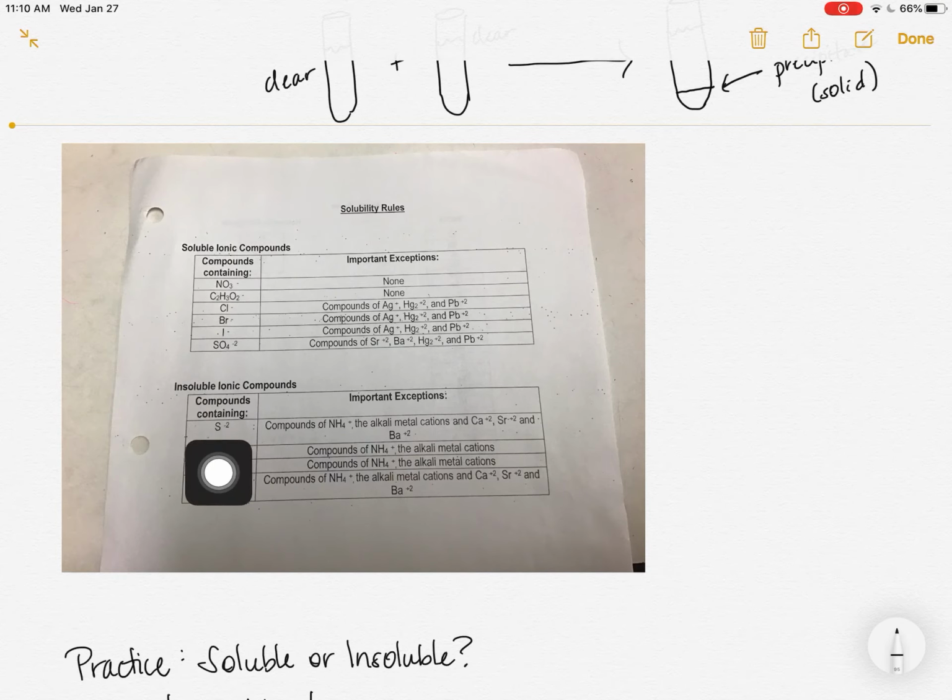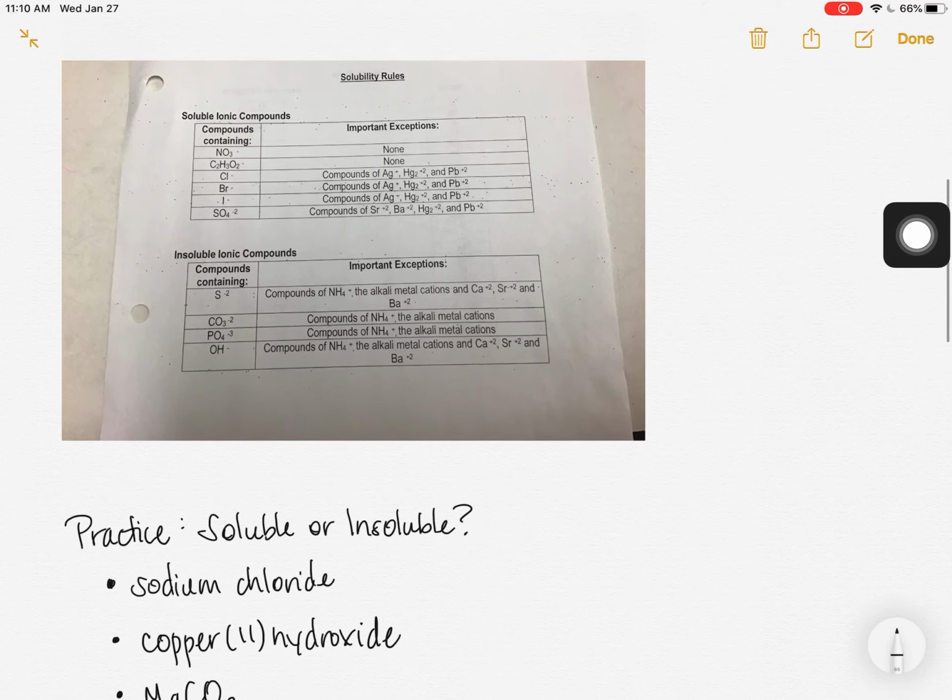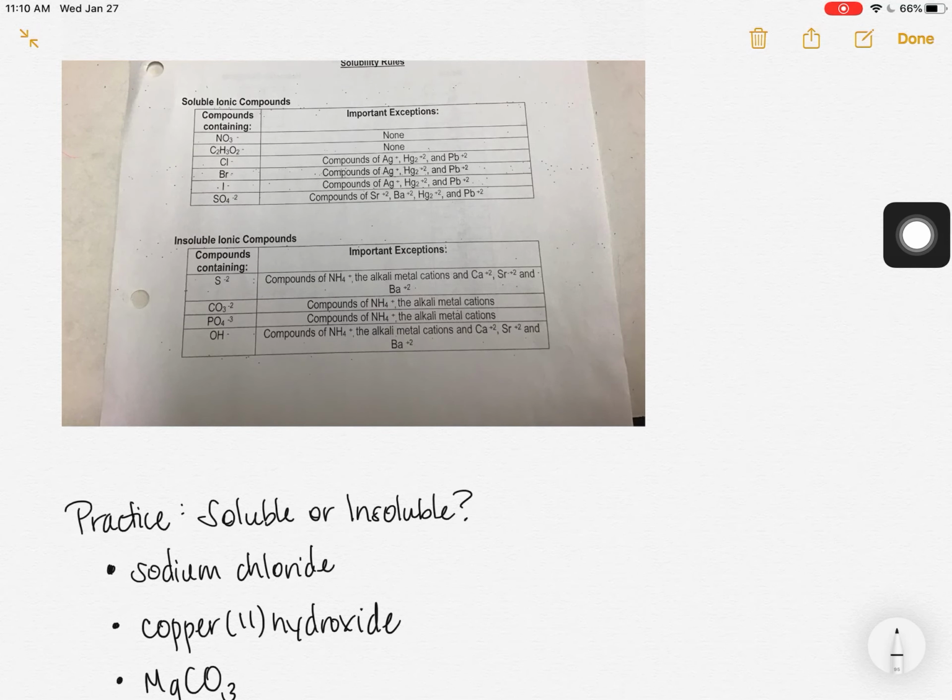These are all anions, the negatively charged species. So we'll look at a compound, figure out who the anion is, and then come to the chart to figure out if we would expect that compound to be soluble or insoluble.